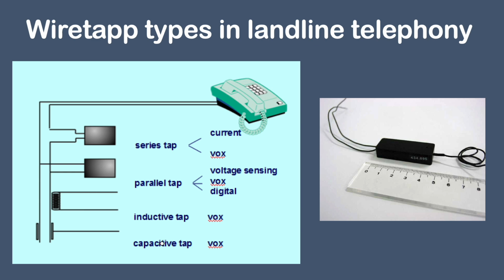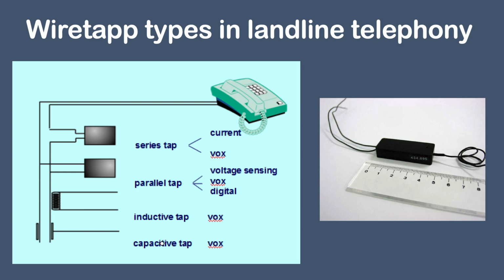The capacitive tap is similar to the inductive tap, but can be placed externally on top of the entire twisted pair, and it takes advantage of the electric field that exists between the wires of the twisted pair. As I said, while the inductive tap takes advantage of the magnetic field of the wire of the twisted pair.